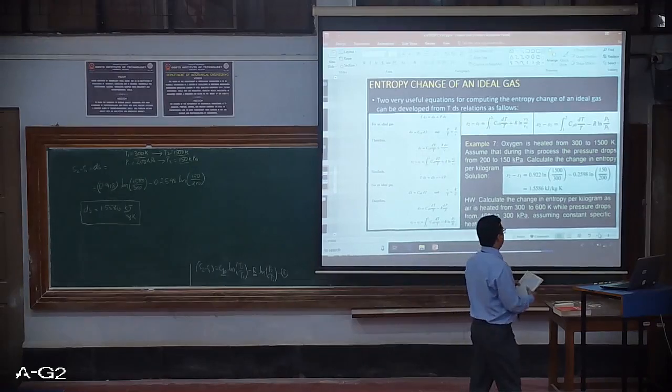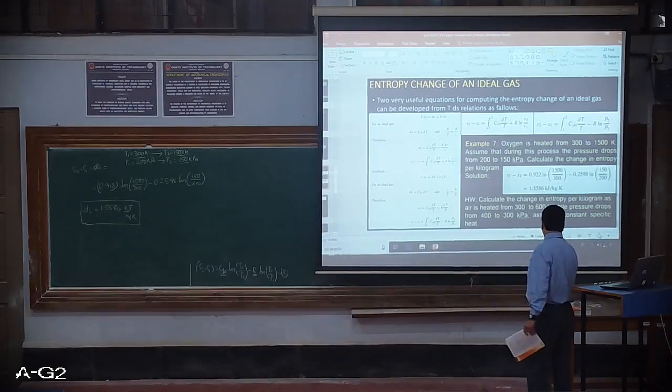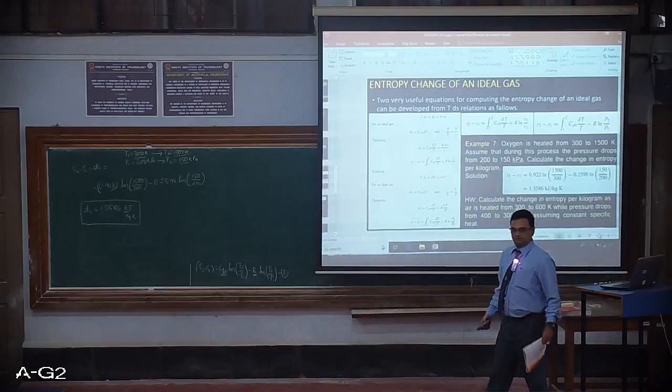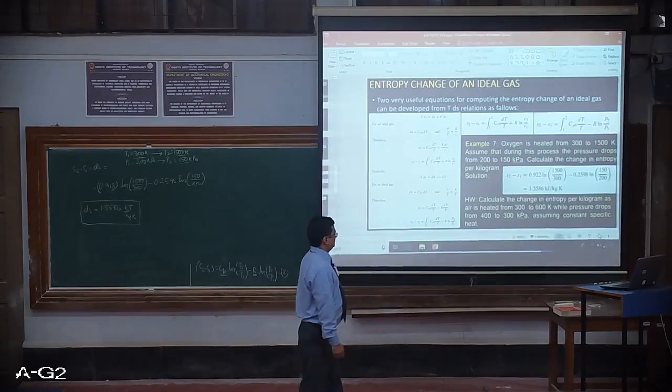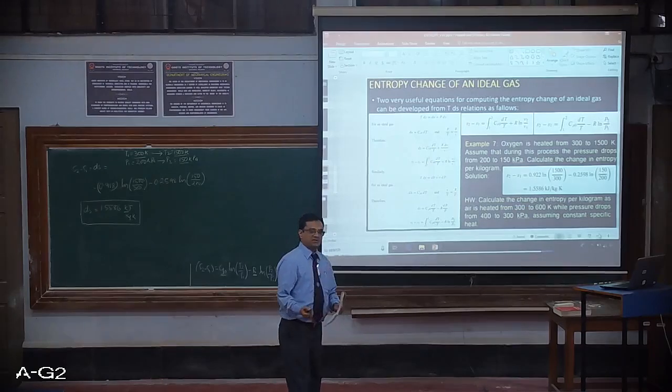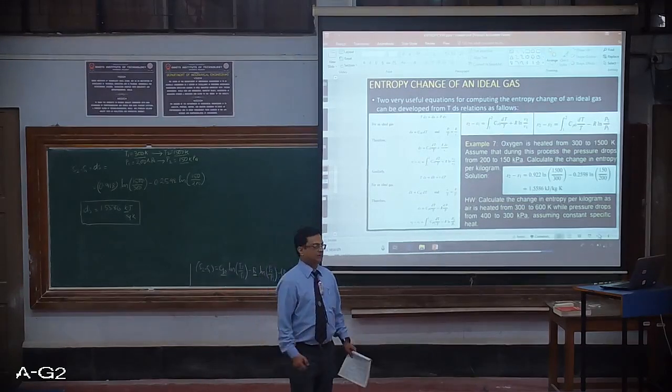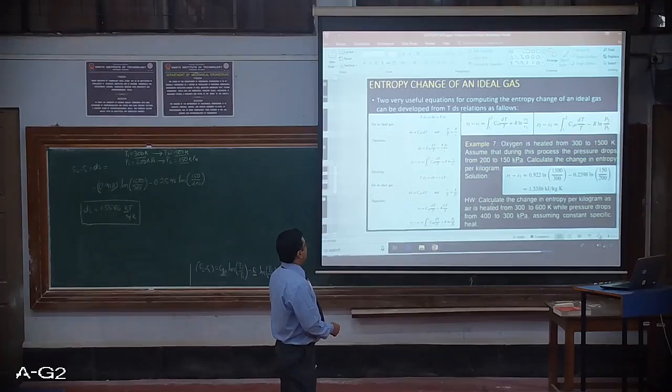So similarly I have given one example here for homework. You can note it down. I'll just read it. I have just changed the type of ideal gas, that's all. So calculate the change in entropy per kg of air.